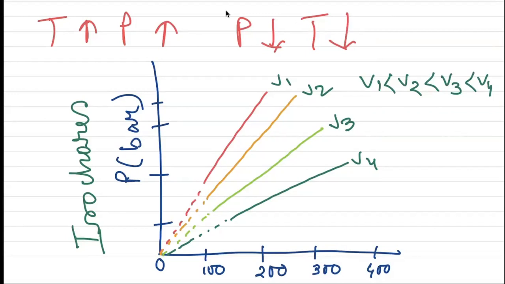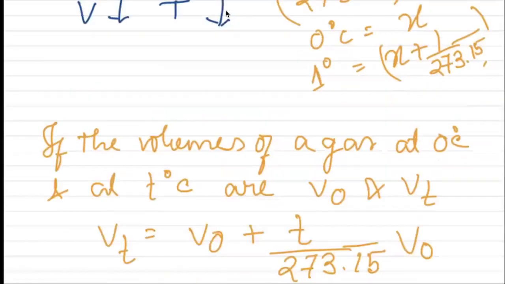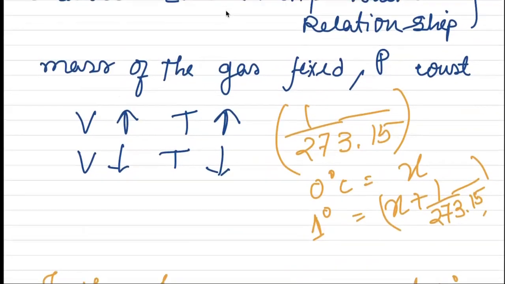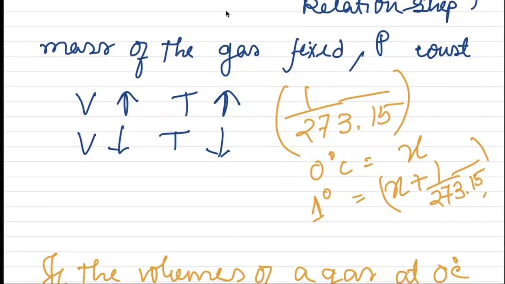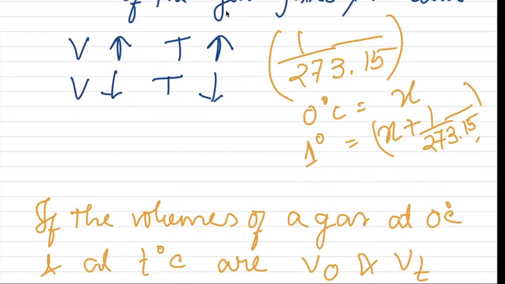Okay, so what did we learn today? At first we learned Charles' law. That means for a fixed amount of gas at constant pressure, volume increases with the increase in temperature, by 1/273.15 for each 1 degree rise in temperature.